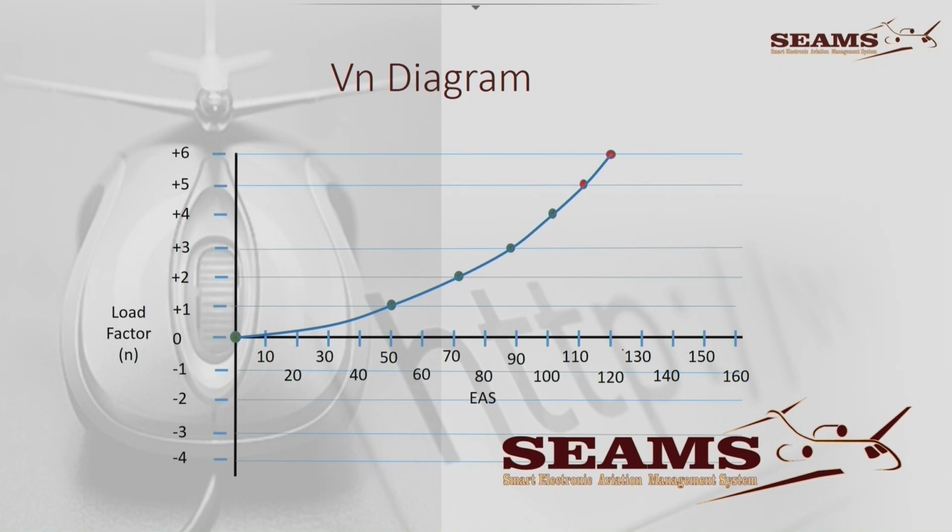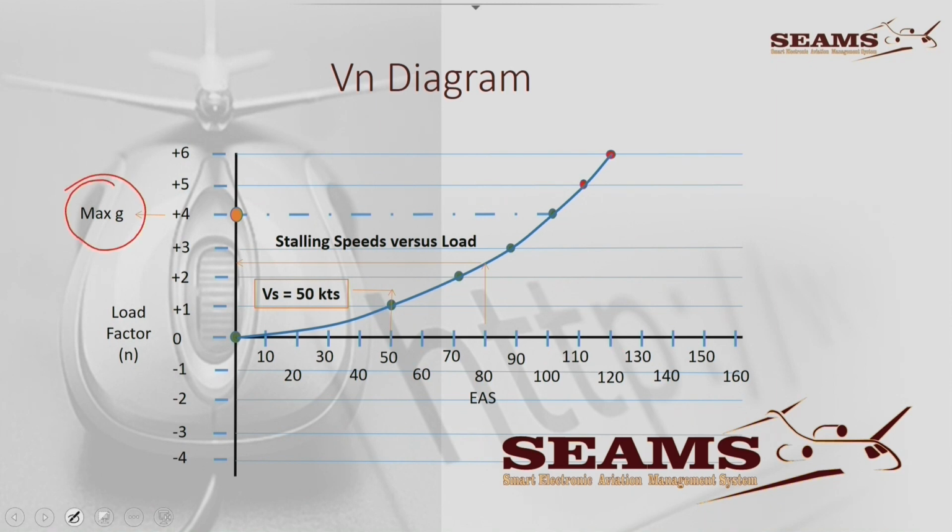Just a little line to say that it's there. A couple of important things to come: we obviously have a maximum G, and the maximum G according to the aircraft's book or the handling notes is 4 Gs, and there you can see I put it in. In other words, that is the maximum G loading.